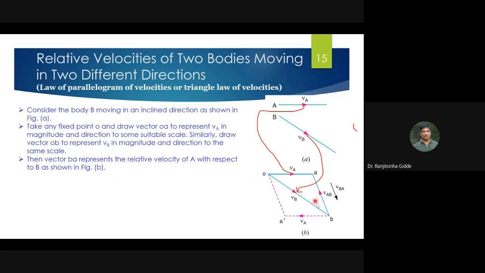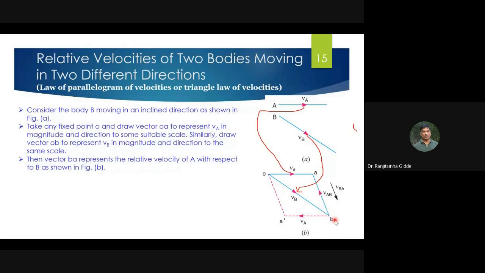Now this third vector. This is the end point for the first vector and this is the end point for the second vector. So the starting point is O, with OA and this one is OB. Now from B to A we need to draw one vector, and what will be the direction for this? This one is the VA, this one is the VB, and this is VAB.